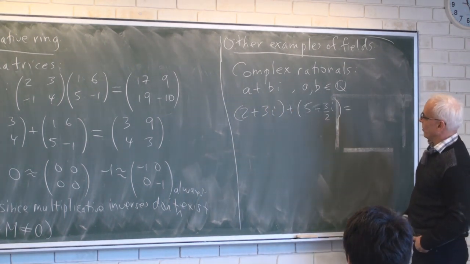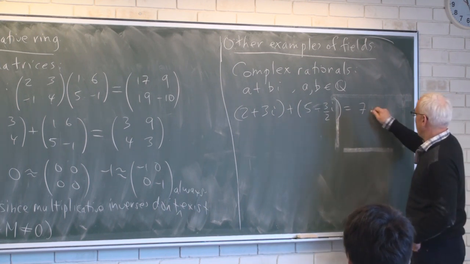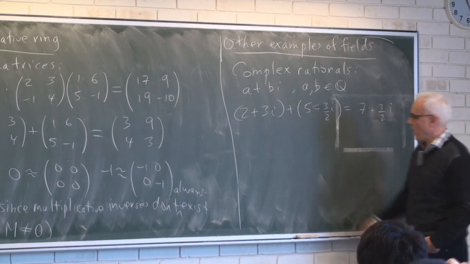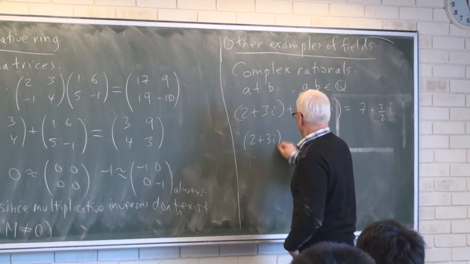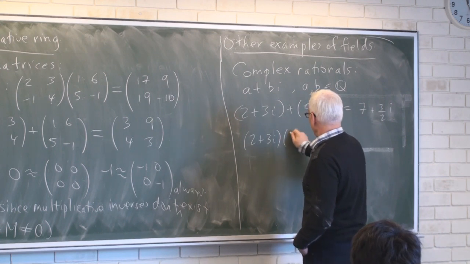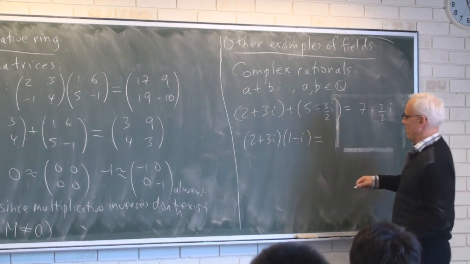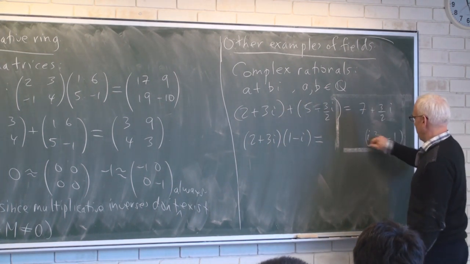So if we added those two things, we would get 7. 3 minus 3 halves would be plus 3 halves i. But the product, I'll do a simpler one so it's easier. The product is obtained by using the rule that i squared equals minus 1.